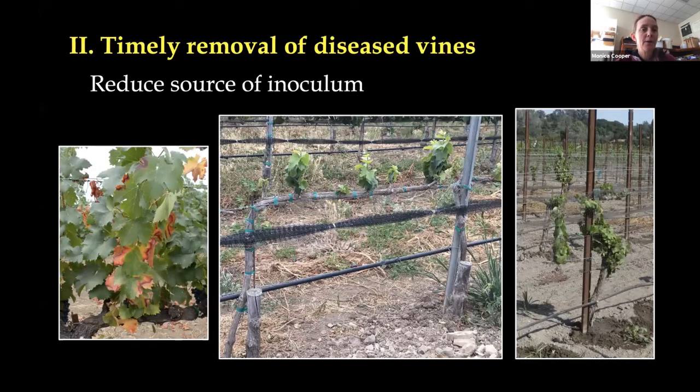And the other important management strategy that I can't emphasize enough is the timely removal of diseased vines from the vineyard. For anyone who was working as a PCA or vineyard manager in the 90s during the last PD outbreak, it was always common knowledge that it didn't matter. Those PD vines were going to die anyway, so you didn't have to proactively remove them.